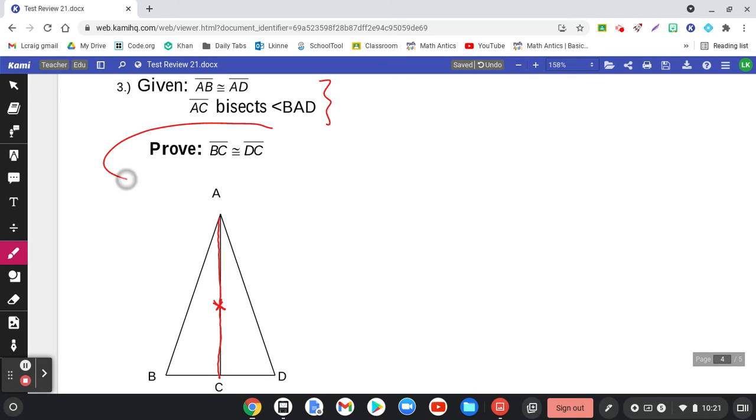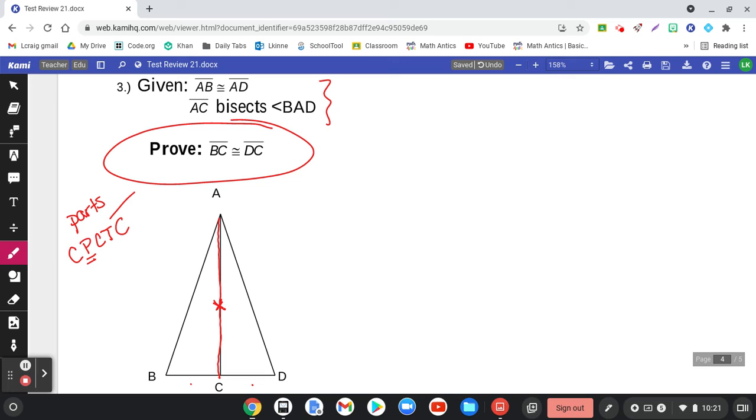Now, the other thing I want to point out, your proof this time is not proving the triangles, it's proving that BC is congruent to DC. So those are parts. If you want to prove parts, you're going to use corresponding parts of congruent triangles are congruent.